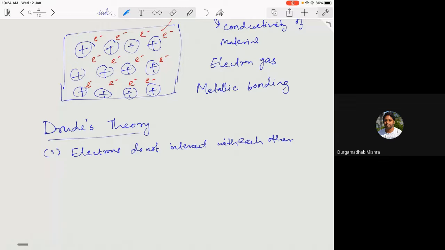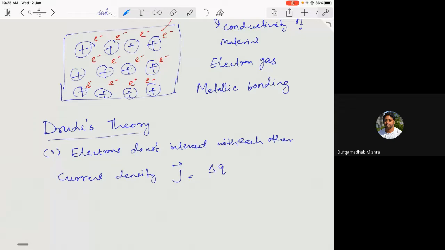When we talk about the flow of current, we want to know the current density, which can be written as J, a vector quantity.